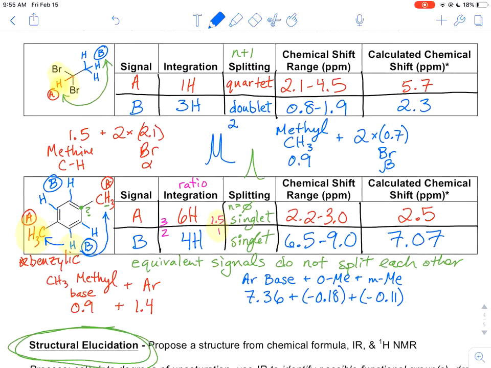I do want to stop here before you go through structural elucidation, which is when you're not given the structure, you're just given all the information that we just put in the table.